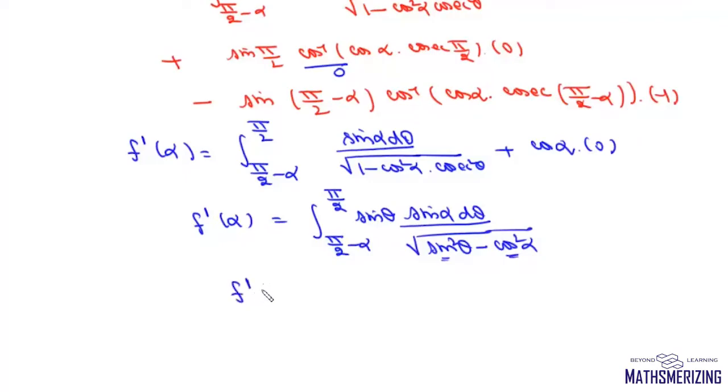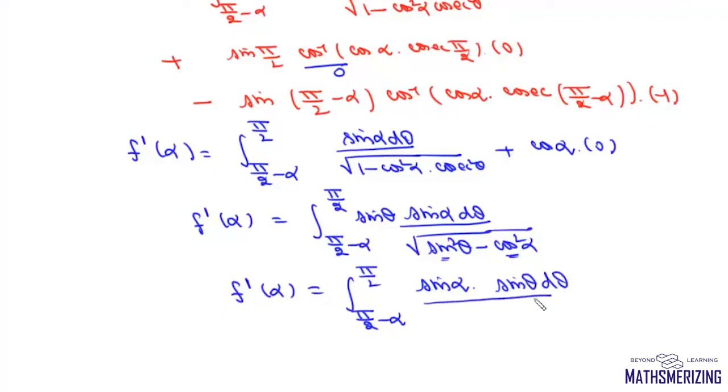So f dash alpha equals this integral from pi by 2 minus alpha to pi by 2 of sin alpha sin theta d theta, under root of sin square alpha minus cos square theta. Now we let cos theta as t.